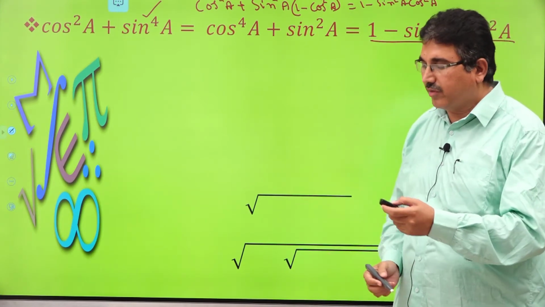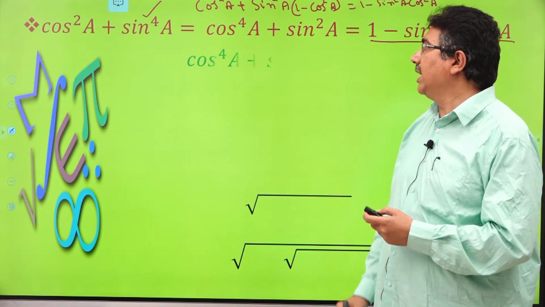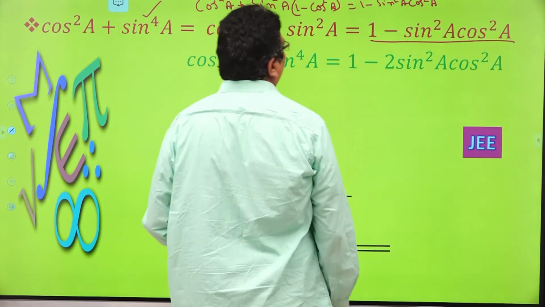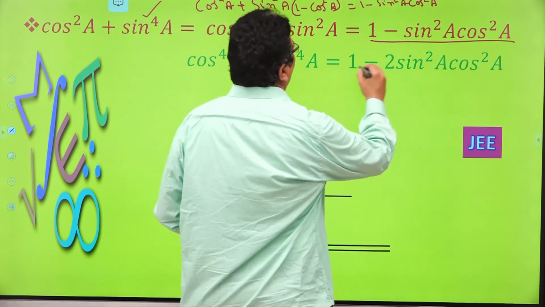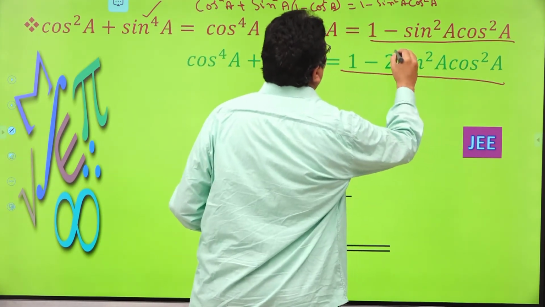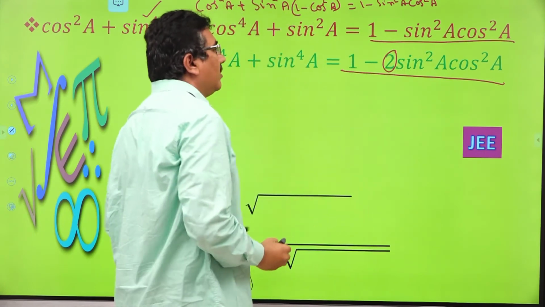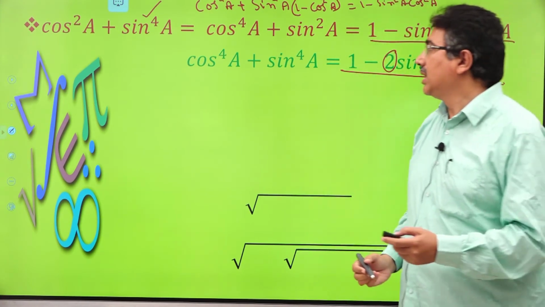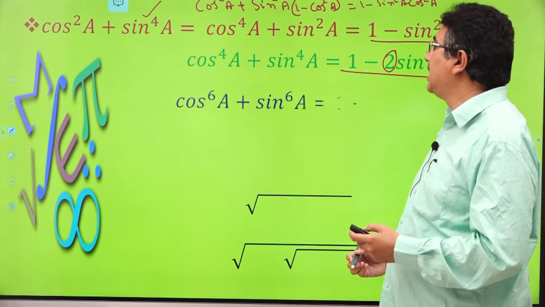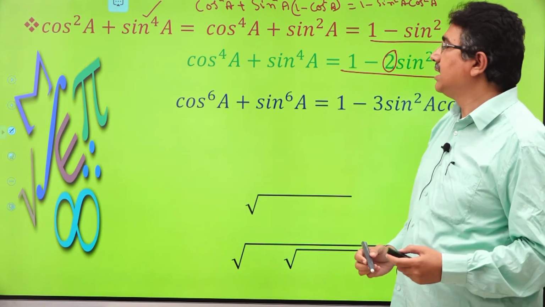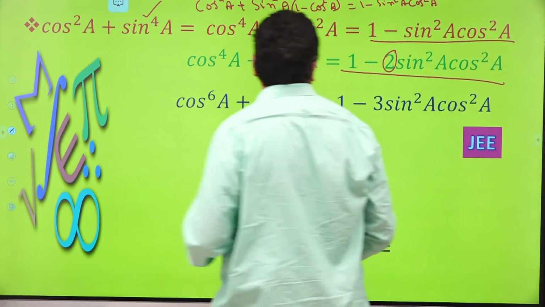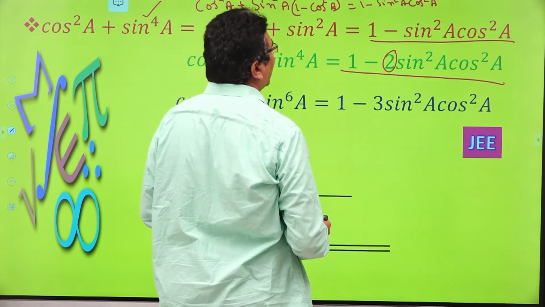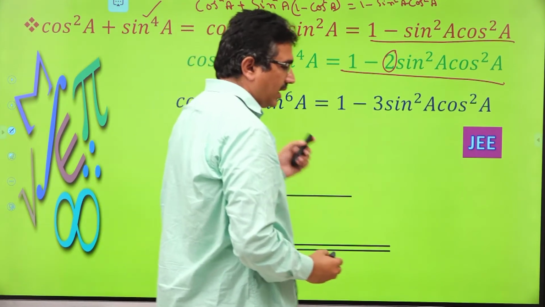See, cos power 4A plus sin power 4A is equal to 1 minus 2 sin square A cos square A. Same result, only here 2 is the multiple of sin square A cos square A. Now, cos power 6A plus sin power 6A is also similar to the previous one, 1 minus 3 sin square A into cos square A. Right?